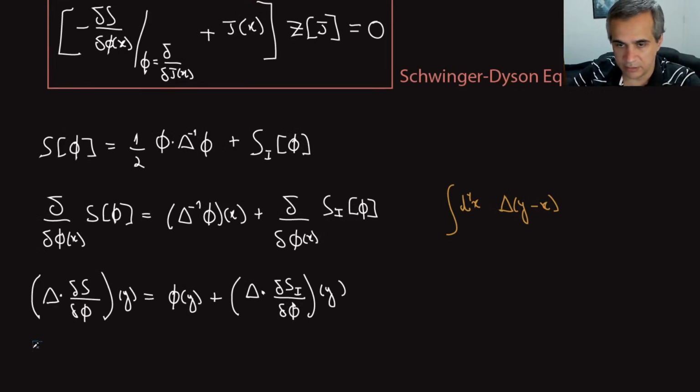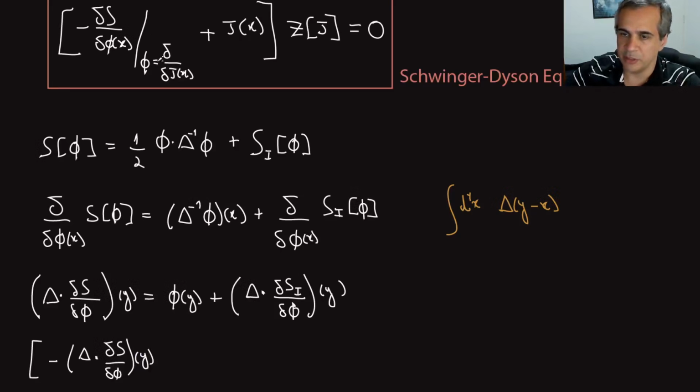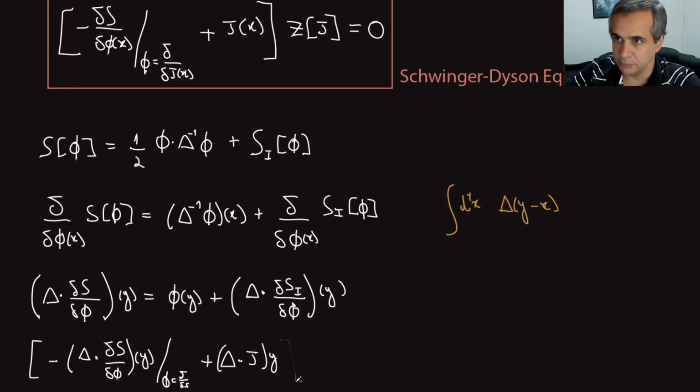So what I get is minus delta S over delta phi of y, with the provision that I'll substitute phi's by del j's in this part of the expression, plus delta j of y, which is a function of y, acting on Z of j should be 0.